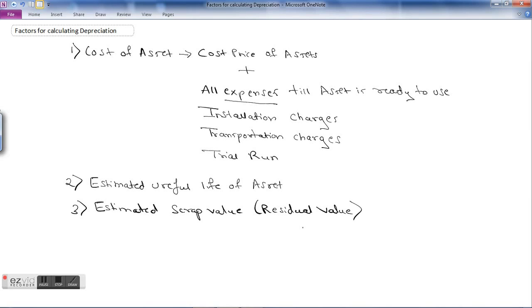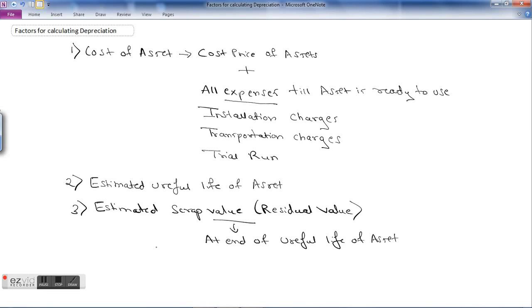It is the amount that may be received at the end of the useful life of the asset, so the sale value that will be received at the end of the useful life. Suppose the useful life of the asset is 10 years.